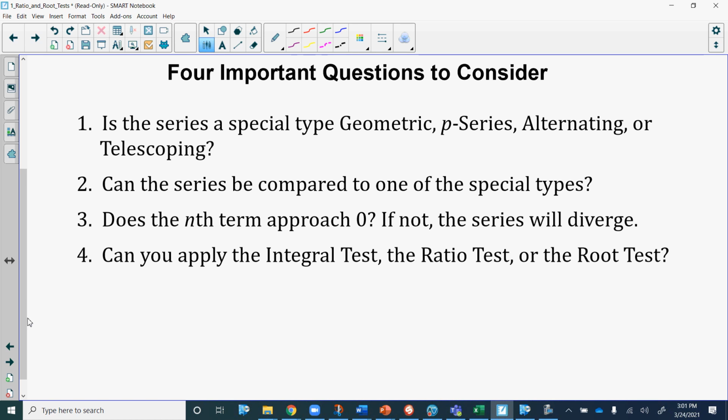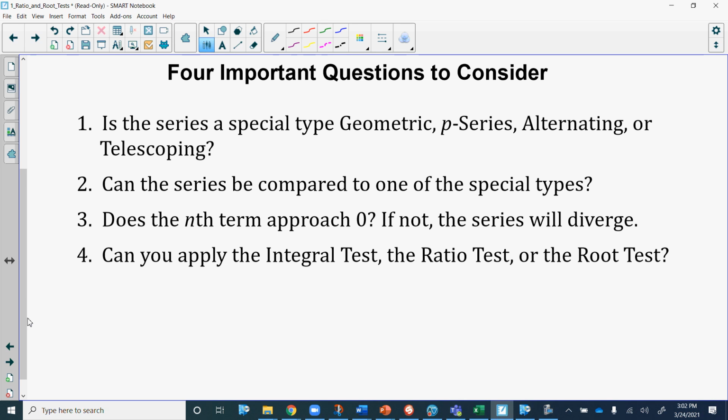But some questions that you want to consider. Is it a special type? Geometric, p-series, alternating, telescoping. You're really not going to see that a whole lot. It's kind of a special case, but you may see a telescoping series. Can the series be compared to a special type, meaning like a harmonic series or a geometric series or something?